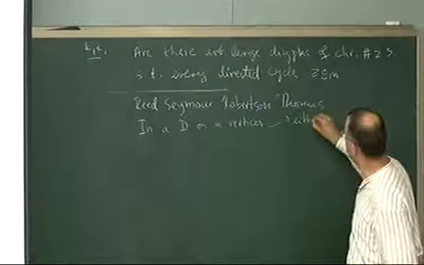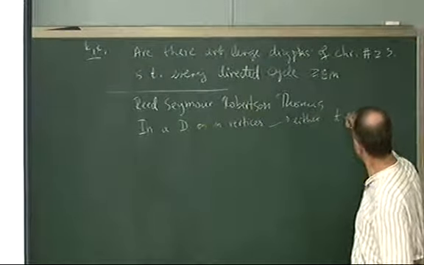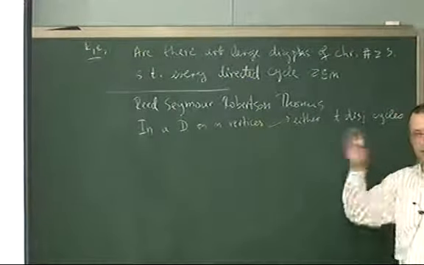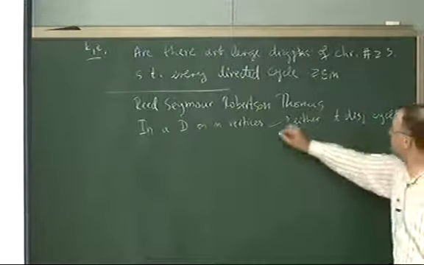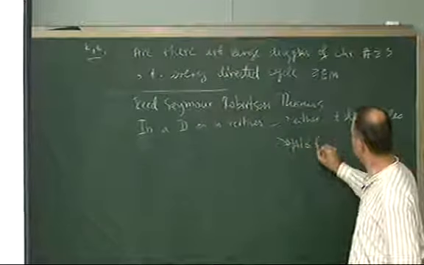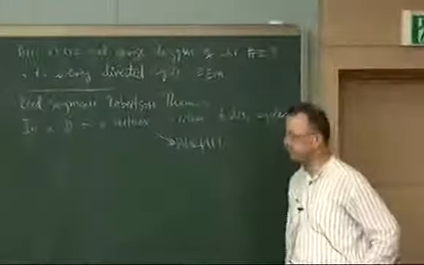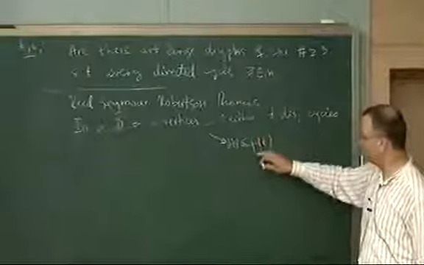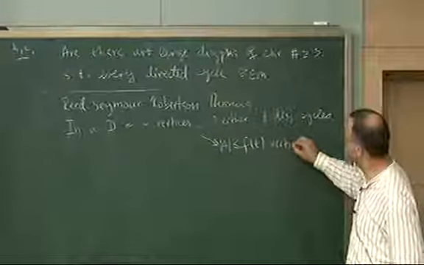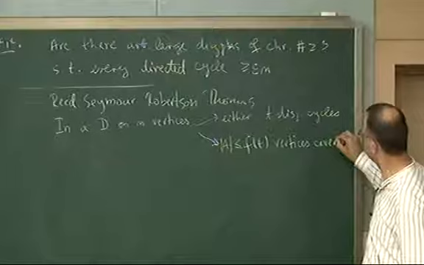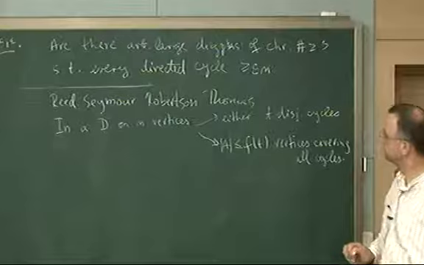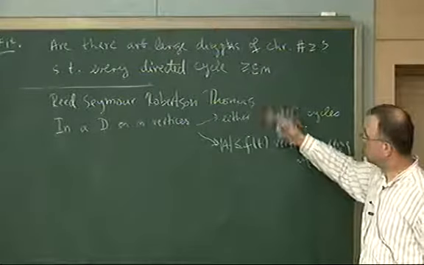Either there are t vertex disjoint cycles, or there is a set A of size at most f of t, some exponential, or maybe a little bit more than exponential function of t, of vertices covering all directed cycles. This is true for every digraph.